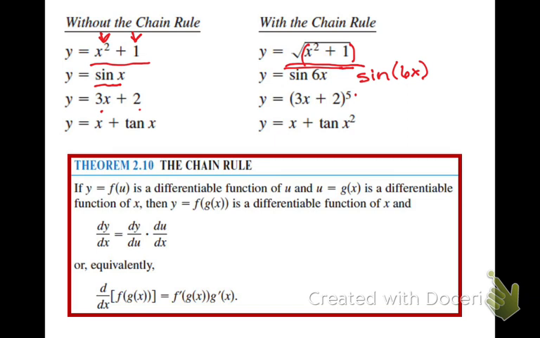So I have that fifth on the outside that has put a function in a function. So this is basically f of g of x, where f of x is x to the fifth, and g of x is 3x plus 2. Does that make sense?